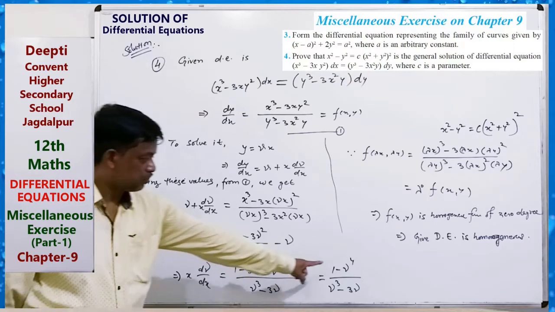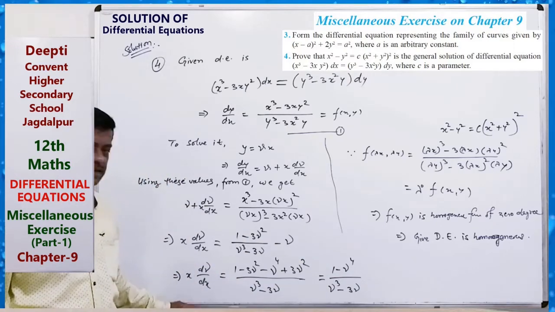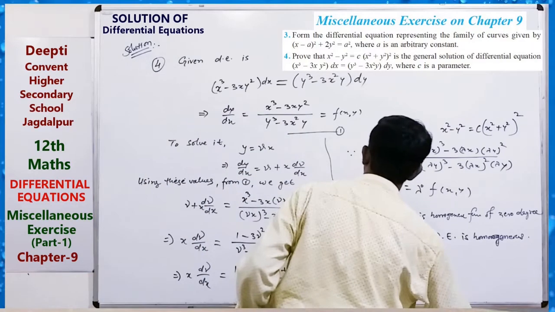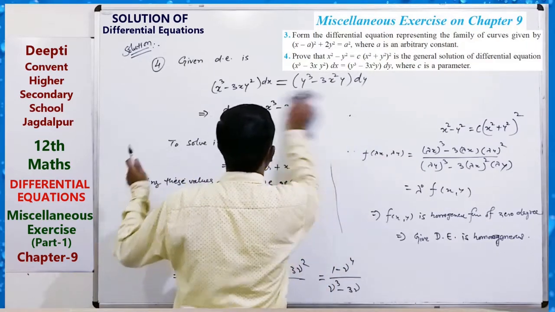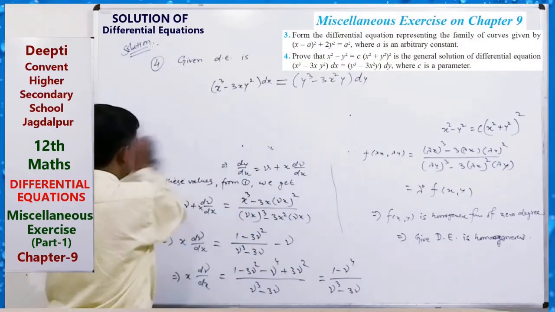Now the total function of v and x dv by dx is in separable form. So homogeneous equation, by using the rule of homogeneous equation, we can solve it.